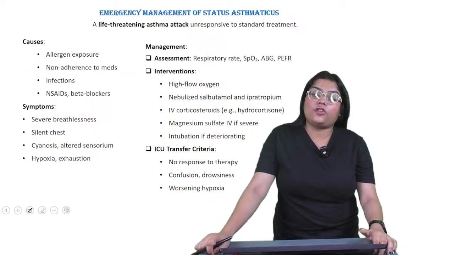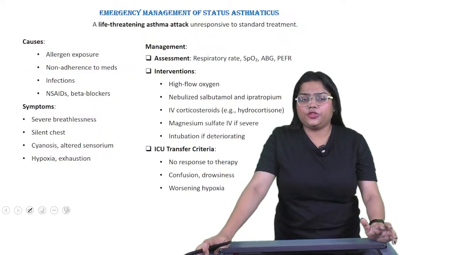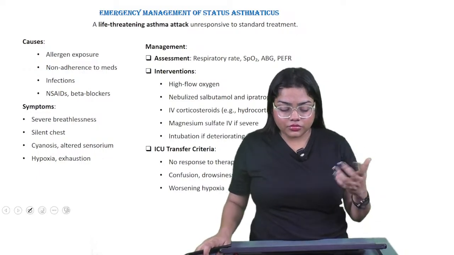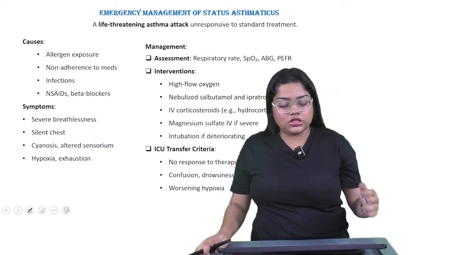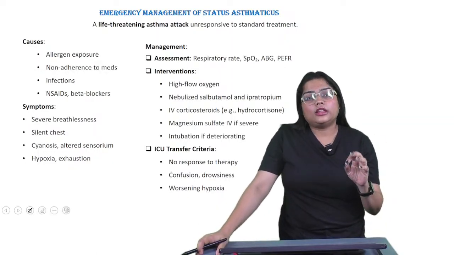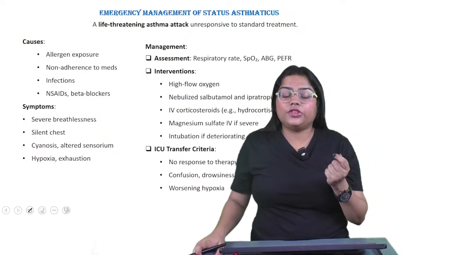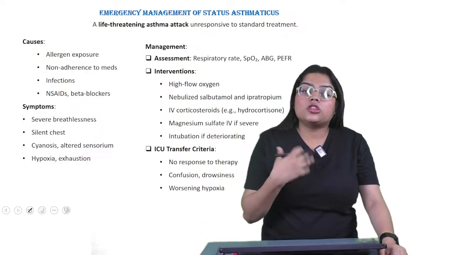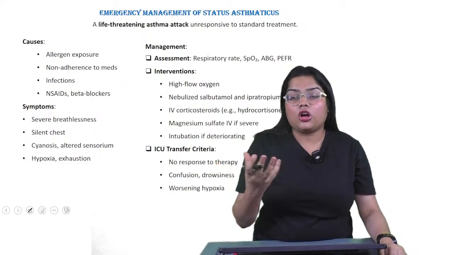What are the causes? Allergen exposure, such as pollen or peanuts, in patients who have a severe allergy to peanuts, or maybe an allergy to prawns. If they get exposed to the triggers, it can cause a life-threatening asthma attack. You may have seen in serials or movies that when a person with a severe peanut allergy eats peanuts, they get a severe reaction, and because of the continuous inflammation the patient will go into shock.